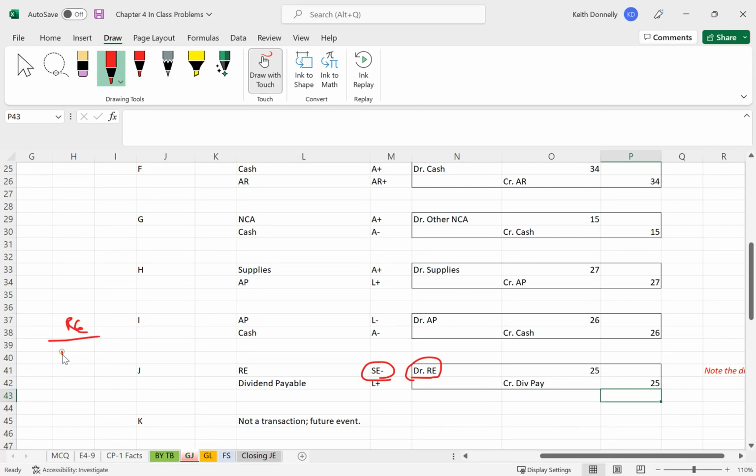If you remember the retained earnings, it's beginning plus your net income minus your dividends equals your ending. So if you increase your dividends, you're decreasing your retained earnings. So that's why we're going to debit retained earnings there when we declare that dividend. Okay?